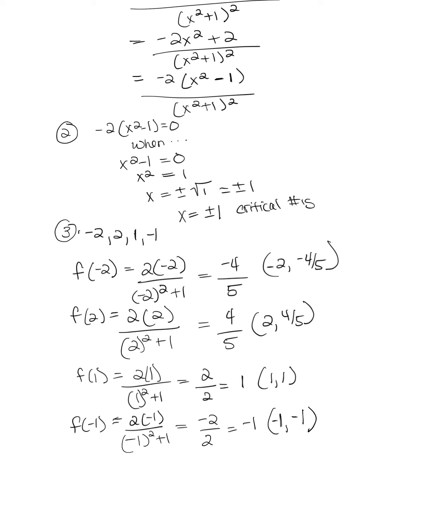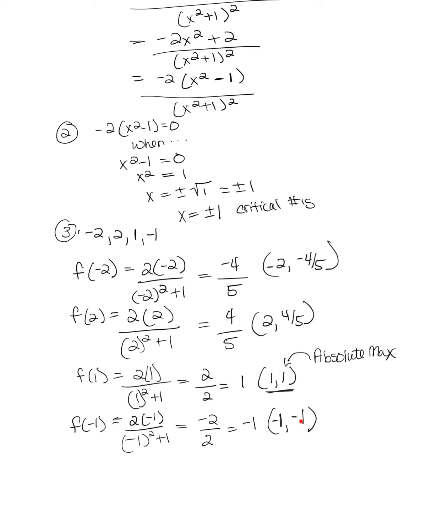Now, that means that we have an absolute max here at the 1, 1, because this y value 1 is higher than all these other y values. And it's the y value, remember, that determines our extrema.